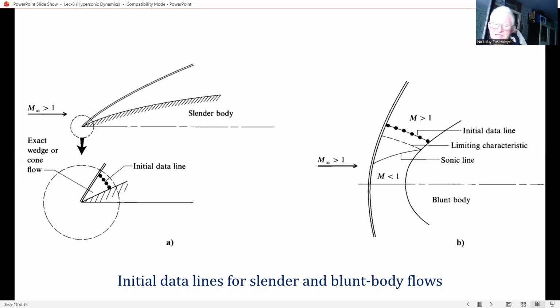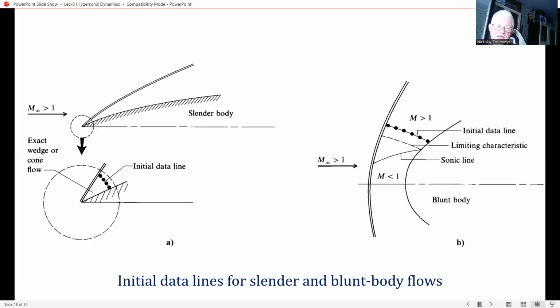Then, as indicated in this figure, all flow properties are known along the initial data line from the exact oblique shock solution, or from the Taylor-Maccoll conical solution.